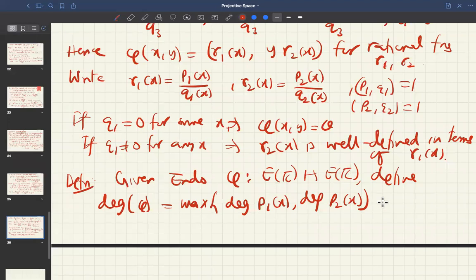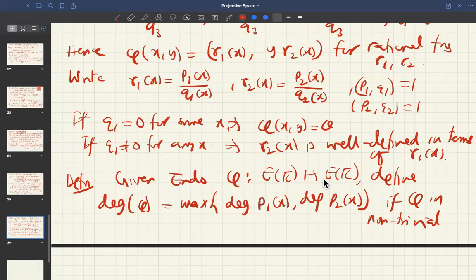So this maximum is the degree, if phi is non-trivial. Non-trivial means not the identity. Remember, if I ask you to give me an endomorphism, you can still give the identity function, or the function where every point goes to the point at infinity.